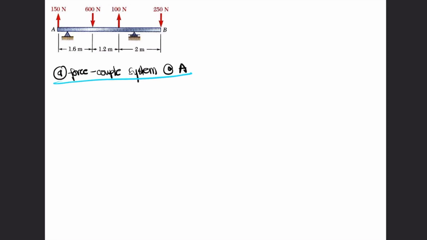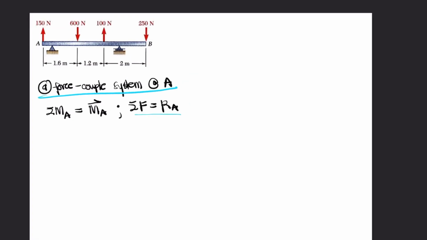So, instead of four forces, we will have one force or one couple located at point A. Or, summation of moment at A equals M at A. And summation of forces equals the resultant force applied at point A. Okay, summation of forces.